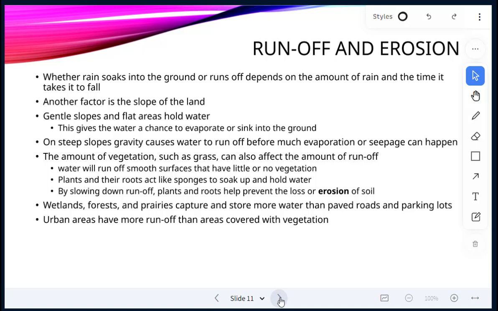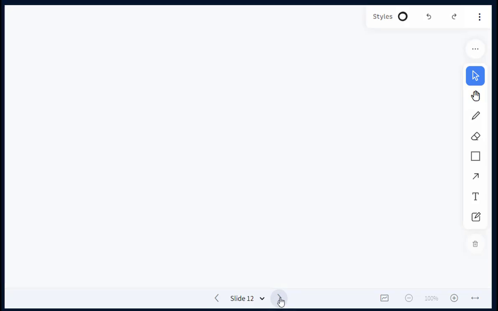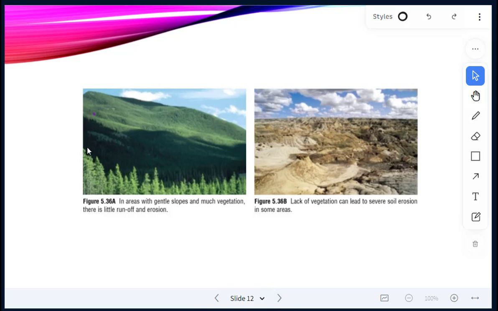Therefore, urban areas are going to have more runoff than areas that are covered with vegetation. So this is just showing a diagram here. We have gentle slopes, lots of vegetation, so there'll be little runoff and erosion. Here, there's a lack of vegetation, so it can lead to severe soil erosion.